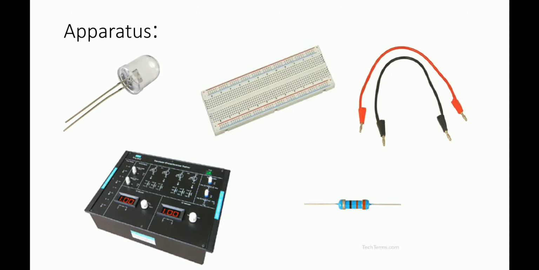Now, let us proceed towards the experiment. The apparatus used to determine the IV characteristics of LED are: first, LEDs, second, breadboard, third, connecting wires, fourth, ammeter, fifth, voltmeter, sixth, DC supply, and a resistor.